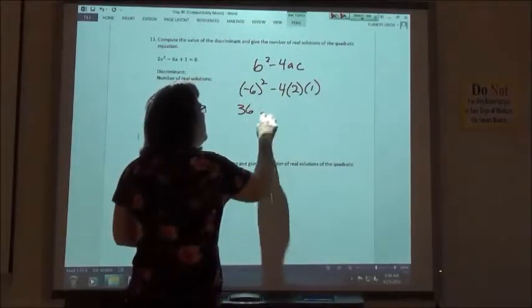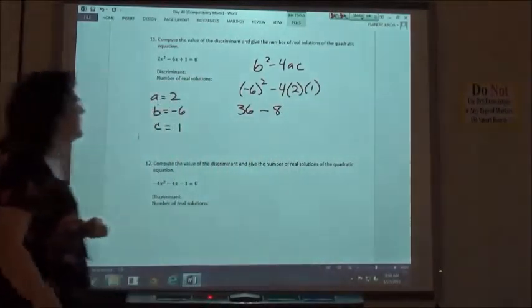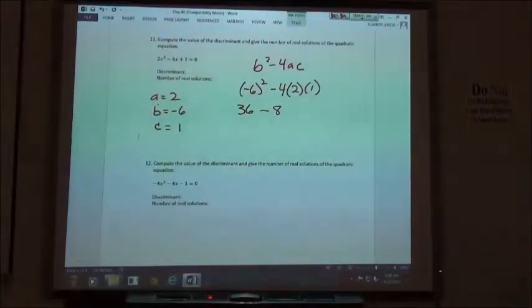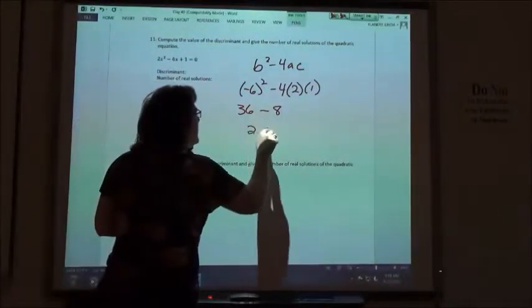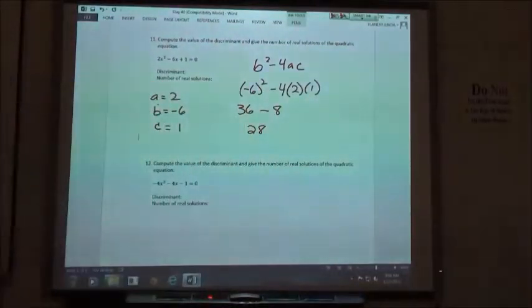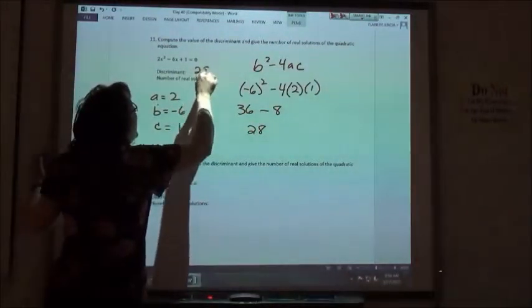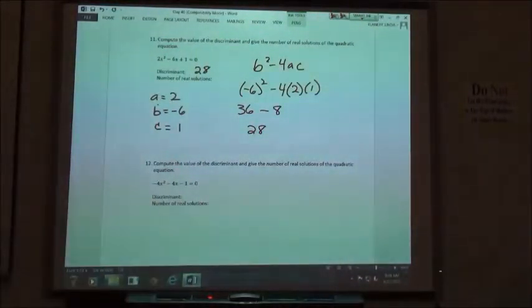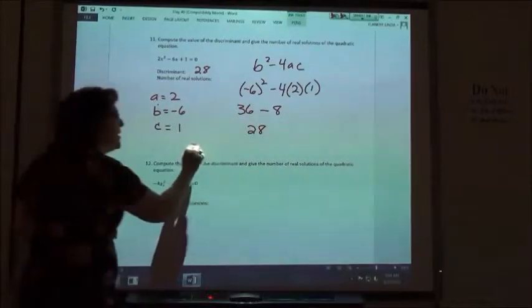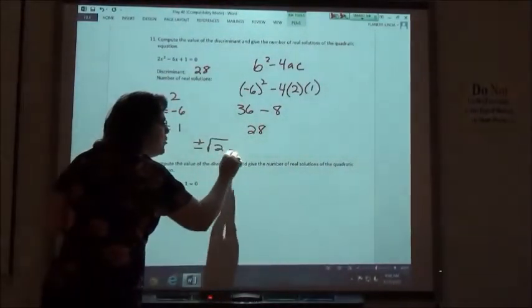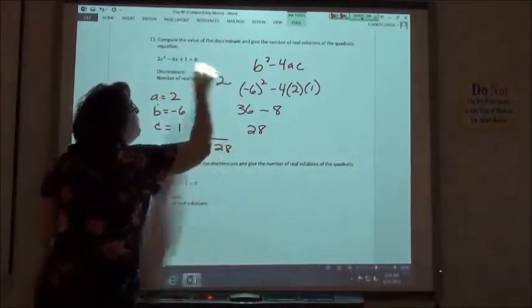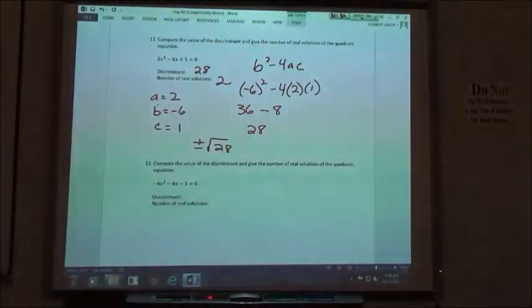Negative 8 times 1, still negative 8. So 36 minus 8, going to be 28. My discriminant is a positive 28. If I have a positive 28, that means I'm going to have plus or minus the square root of 28, which means I'm going to have 2 real solutions.